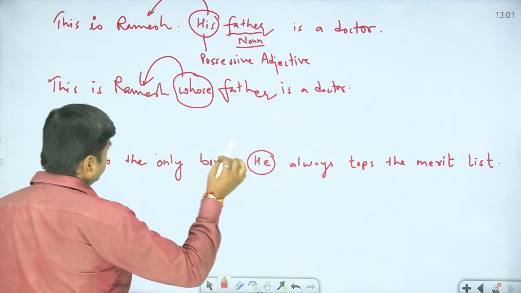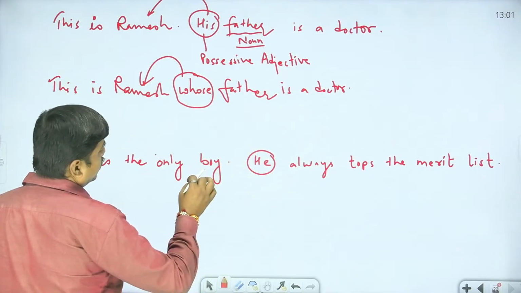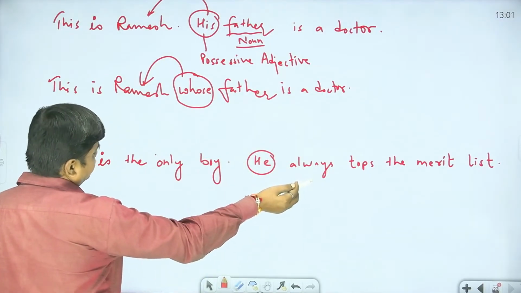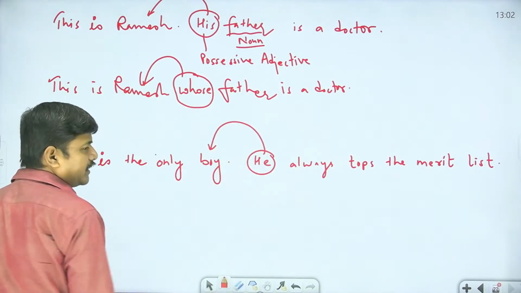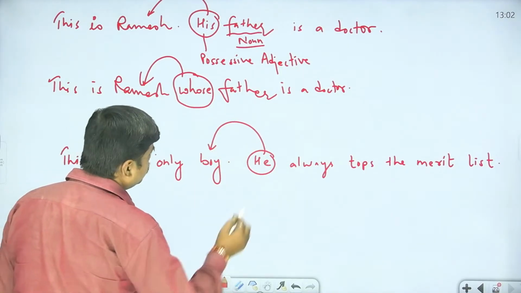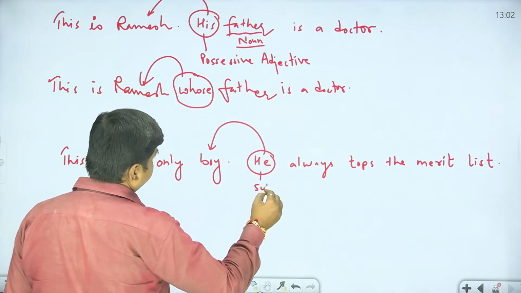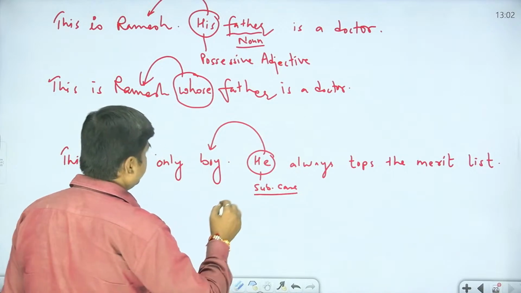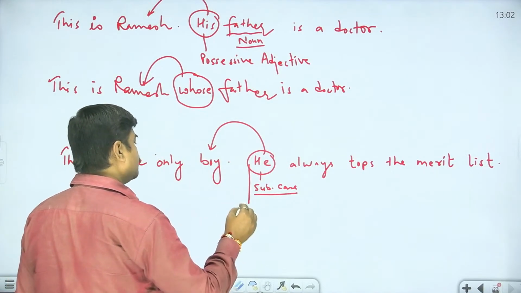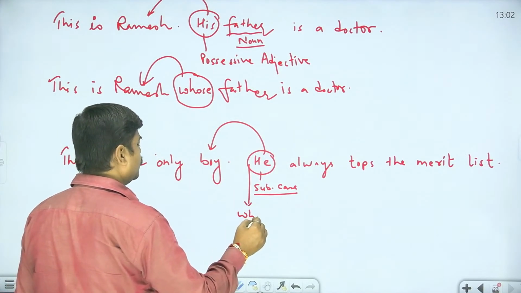We are talking about this boy in this sentence. He is for boy. Now you know that this is a subject. It means it is in subjective case. This is a living being and you are going to use who for that.